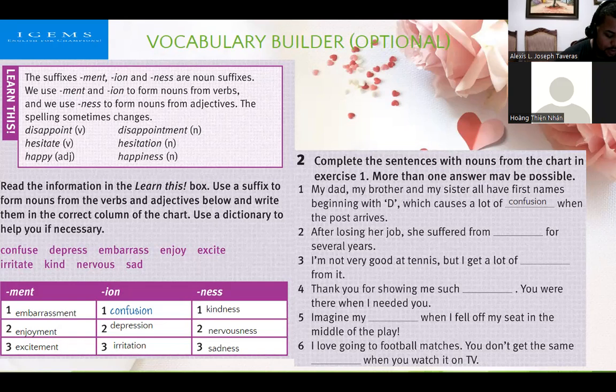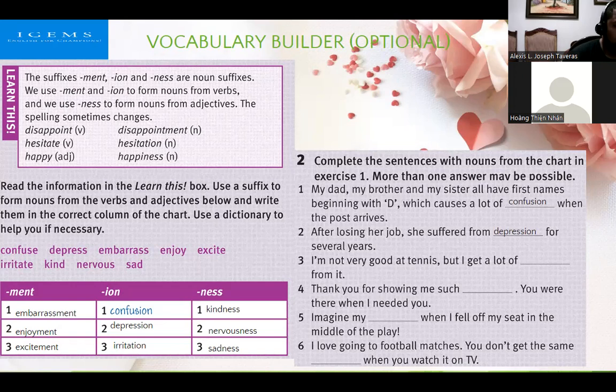Imagine my sadness when I fell off my seat in the middle of the play. Look at that. And number 6, I love going to football matches.